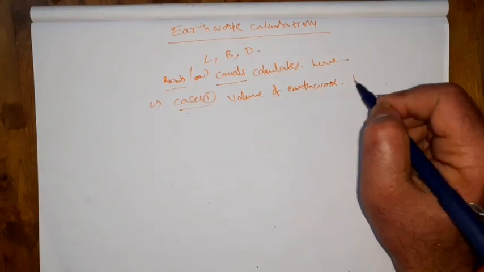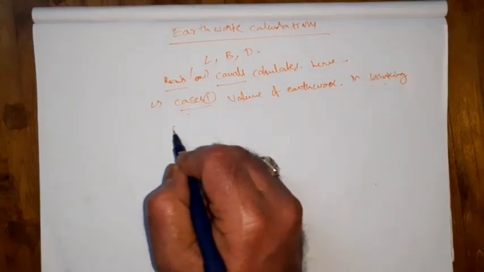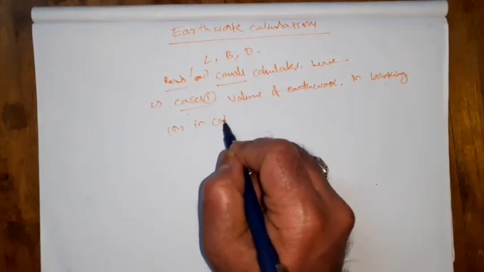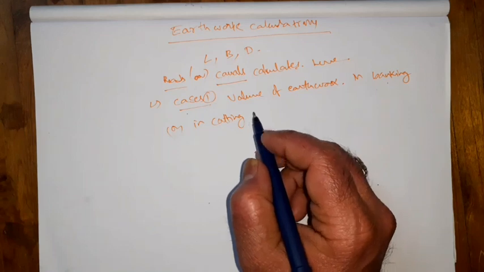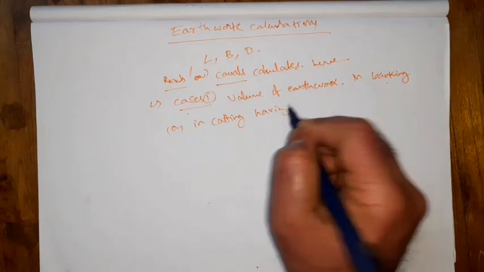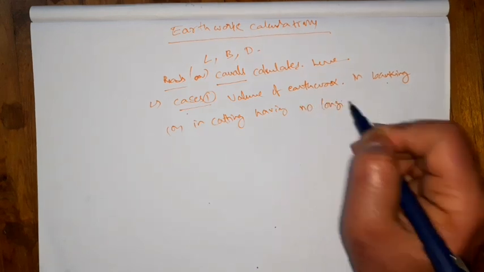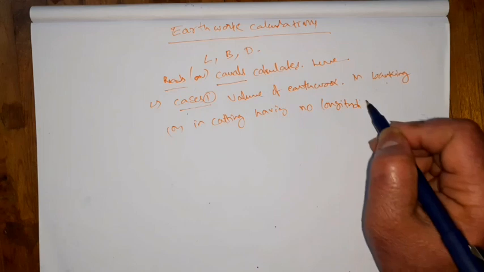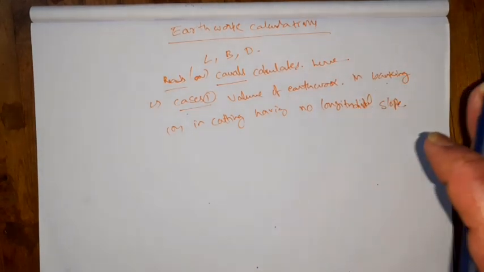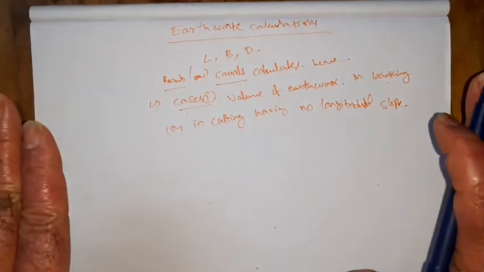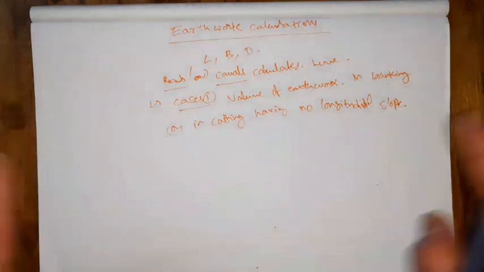in either banking or in cutting, having no longitudinal slope, means at the starting and at the end you can find the same height.